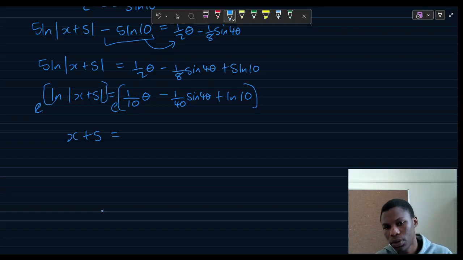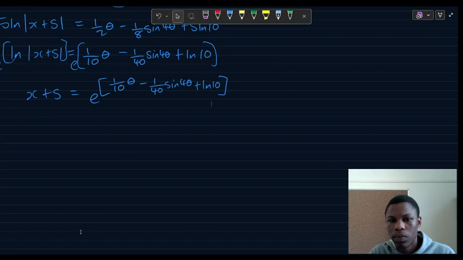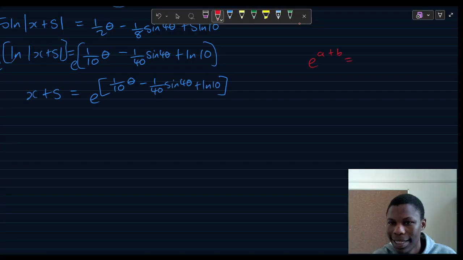And this is equal to e to the 1/10 theta minus 1/40 sine 4 theta plus ln 10. What we want to do here is I want you to keep in mind that if you've got e to the power of a plus b, this is the same as e to the a times e to the b, laws of indices, right?